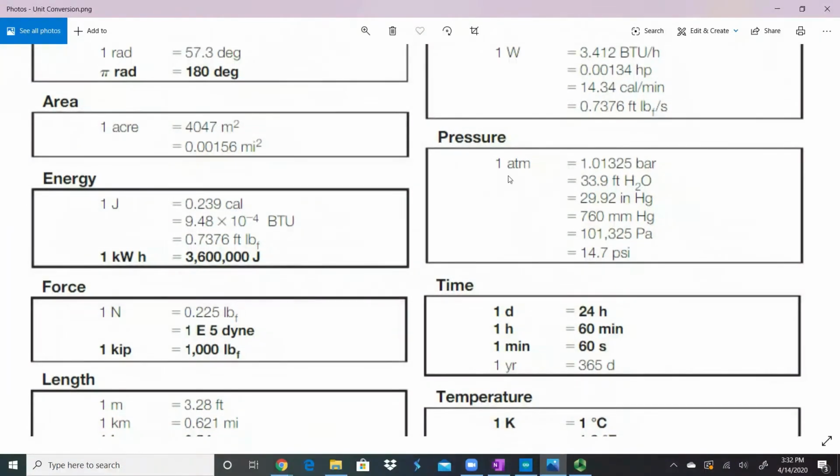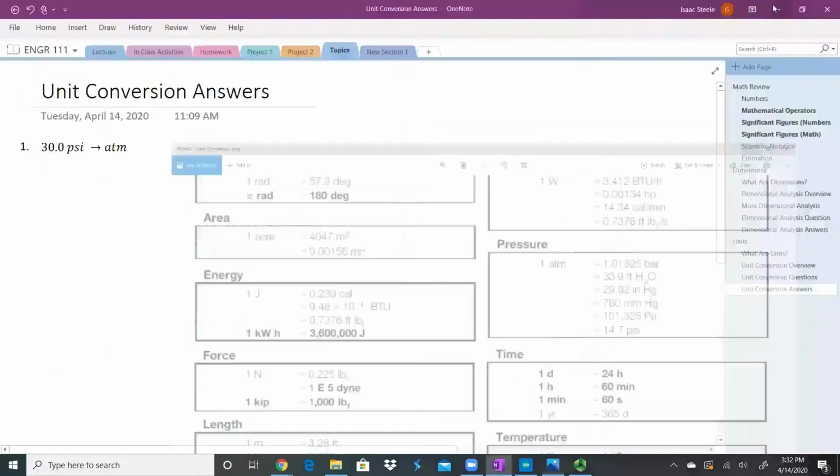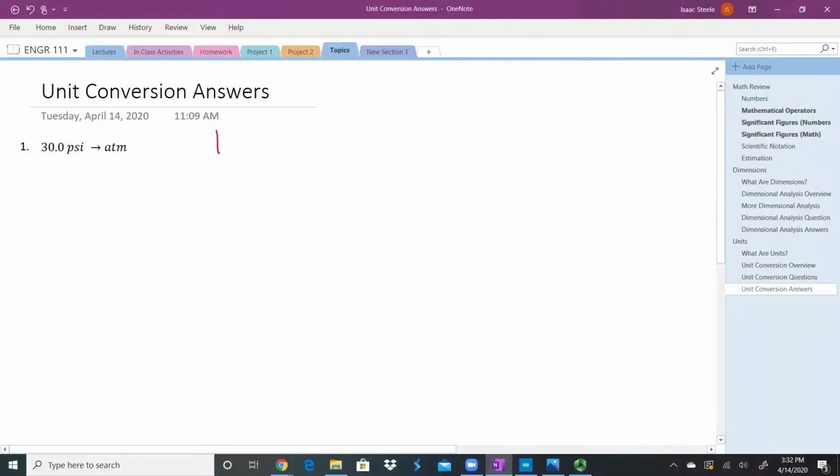I have 1 atmosphere, and I have all these units to pick from, but one of these at the bottom is PSI. And those are the 2 units I'm talking about in this problem, atmospheres and PSI. So we'll go ahead and use that conversion, which is 1 atmosphere equals 14.7 PSI.